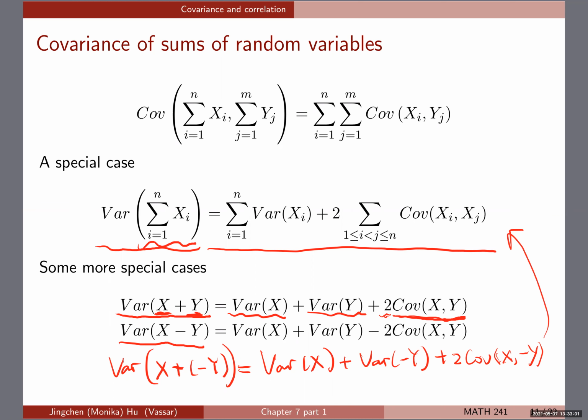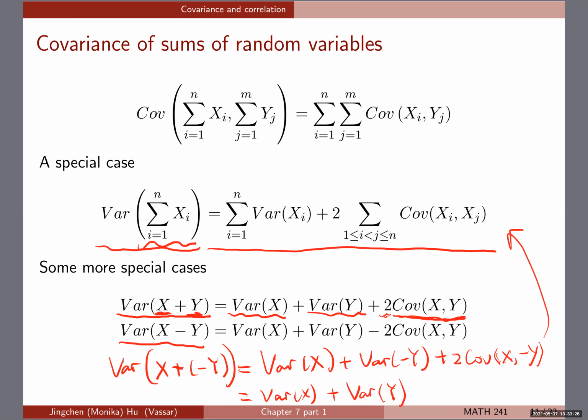But of course, you can always write minus y as plus negative y. We have the variance of x, that's all good. The variance of negative y is actually just the variance of y, because when we use the result for the variance, the constant is negative 1 squared, so that just becomes the variance of y itself.